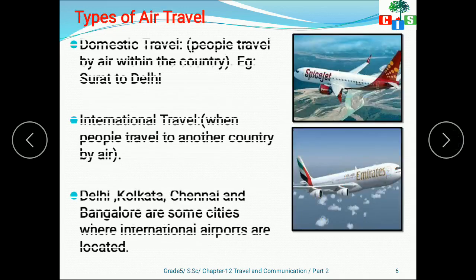Now there are two types of air travel: one is domestic travel, the other is international travel. I hope you know the difference between both, but still we can cover it. Domestic travel means people travel by air within the country. As the name suggests, domestic, it is local.